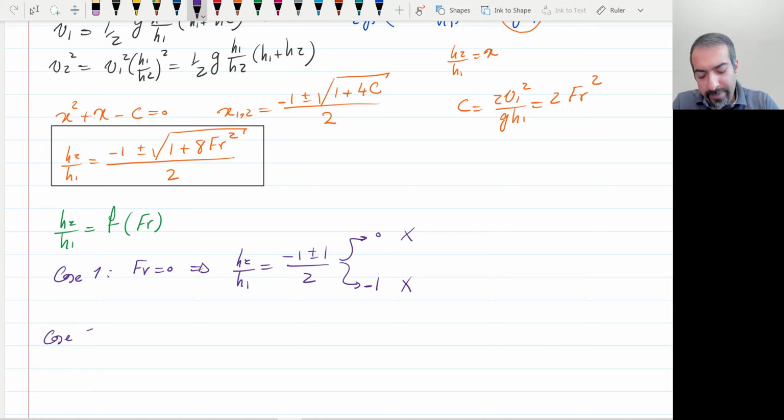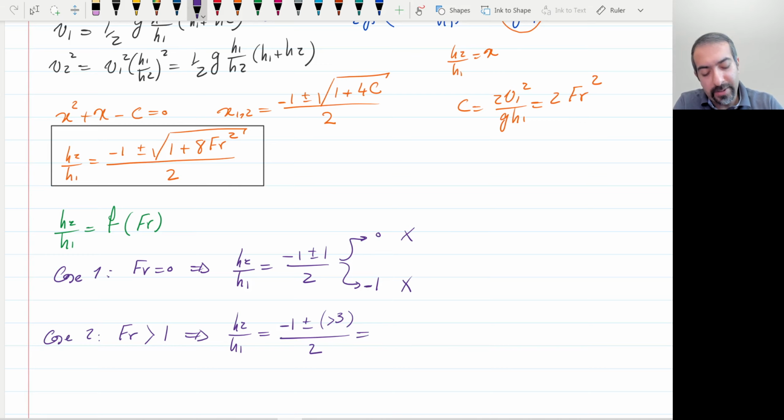Case 2, when Froude number is greater than, let's say, 1, right? Let's work with the number 1. So here we get h2 over h1 is equal to -1 plus minus a number that is, because Froude number is greater than 1, this number is greater than 3, divided by 2, right?